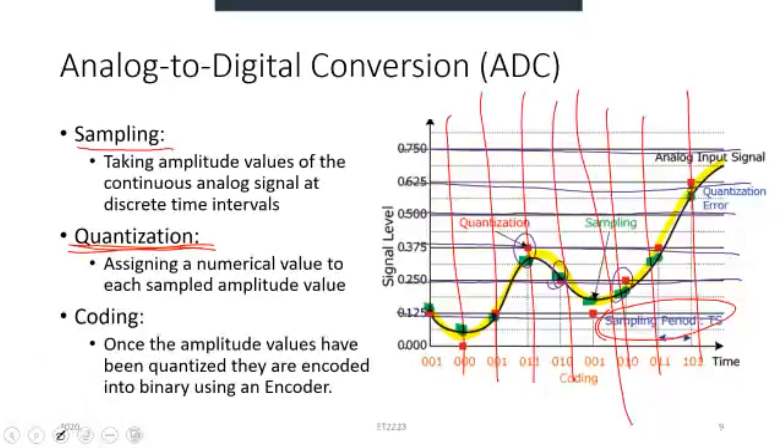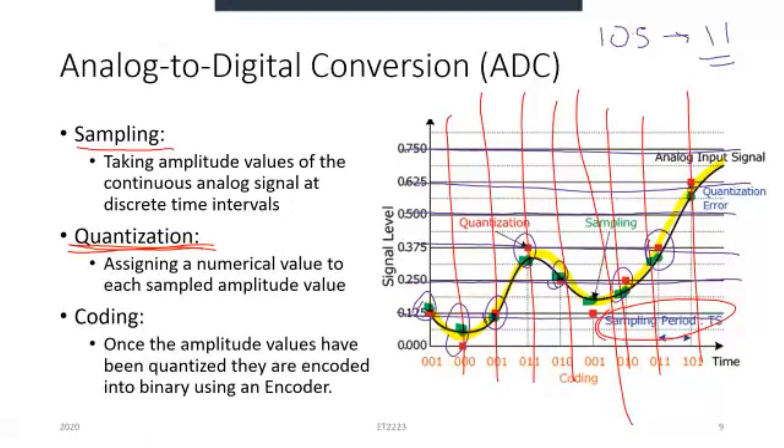Similarly, how 10.5 in the speedometer was converted and shown as 11, you will have to convert that to the closest value that is available in that finite range of values. So those are the two main steps that we take when doing analog to digital conversion.